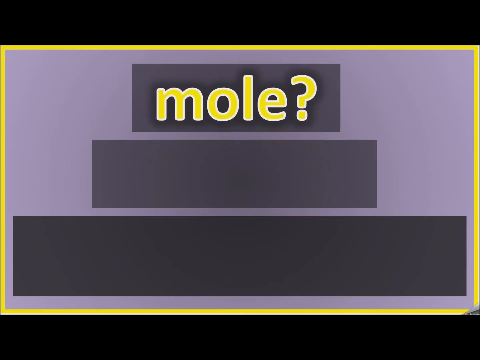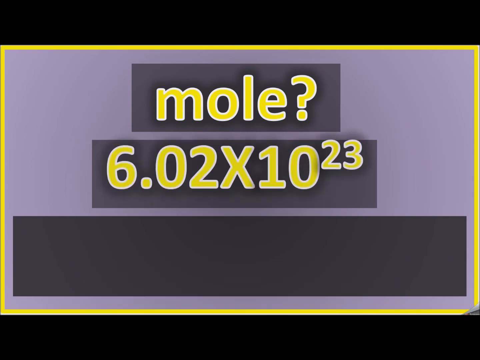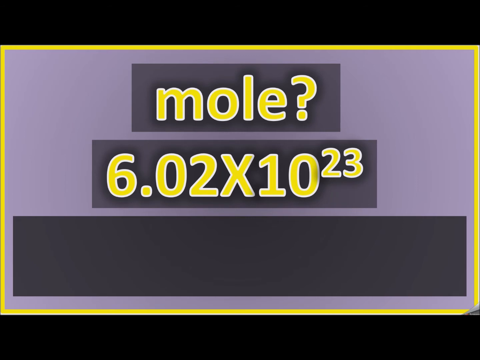Katulad ng pair, dozen, rim, pareho rin ang konsepto ng mole. Ang pinagkaiba lang is that ang mole ay isang napakalaking number. Okay, kung ang pair ay 2, ang dozen ay 12, ang rim ay 500, ang mole naman ay 6.02 times 10 raised to 23.